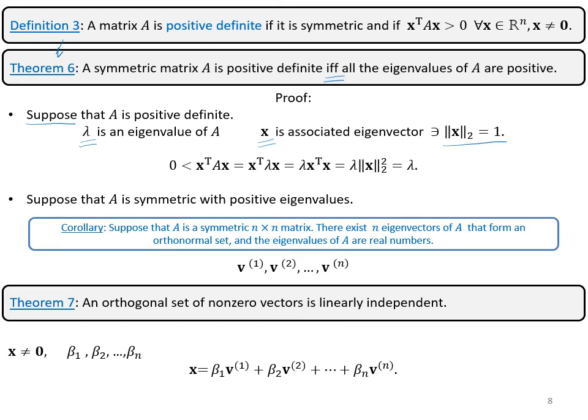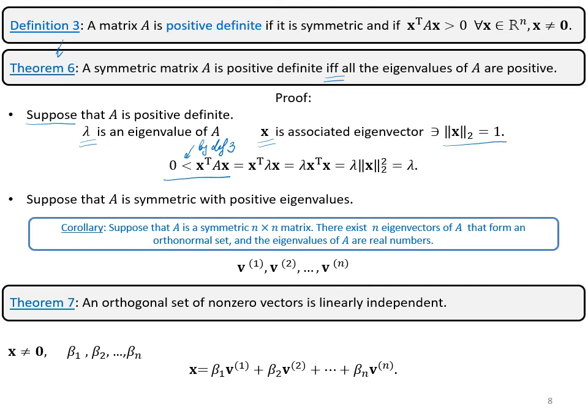Then, by definition, because we assume that the matrix is positive definite, it's given, therefore we can use this statement, and we can write this inequality.